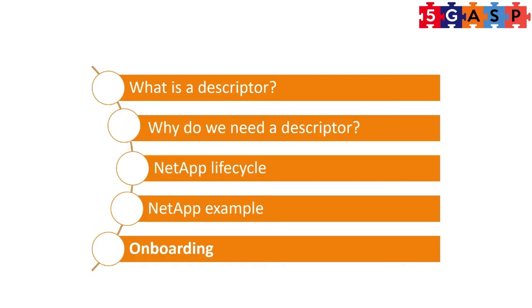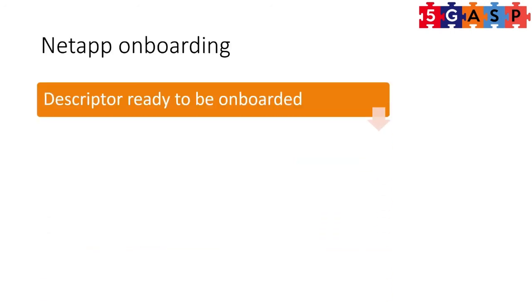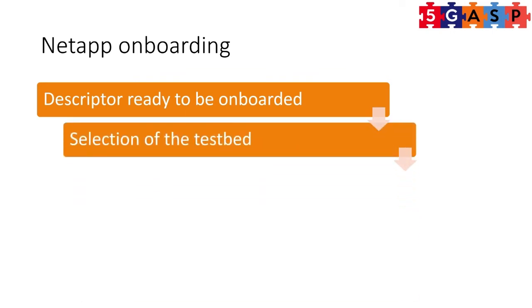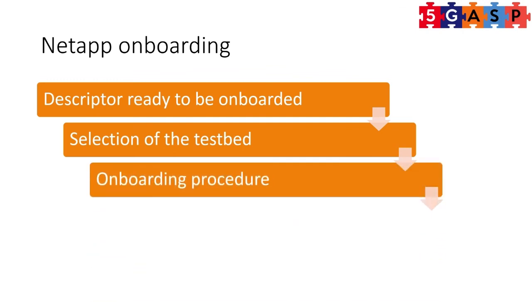Now that we have the descriptor with its 3 components, we can move on to the onboarding of the Netapp to the 5GAS platform. As I have mentioned, we have the descriptor ready to be onboarded. We select the testbed in which we want to deploy our Netapp, and the onboarding procedure starts with the 5GAS portal in an interactive way.